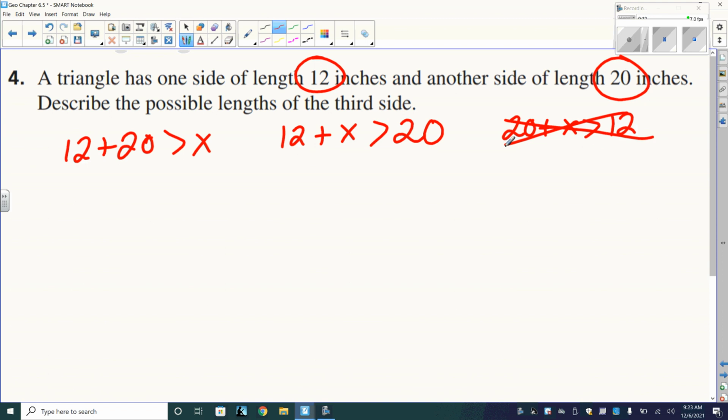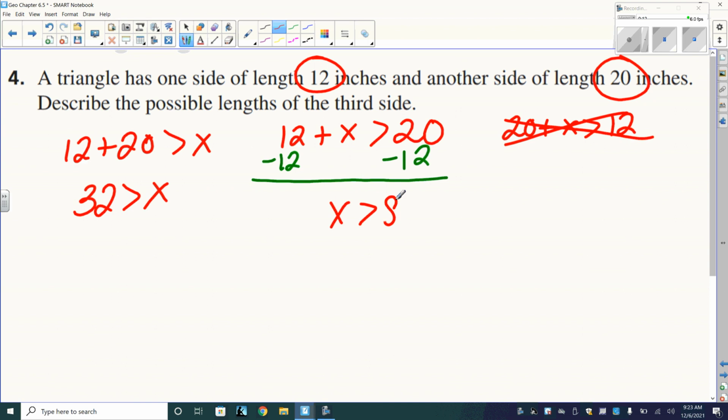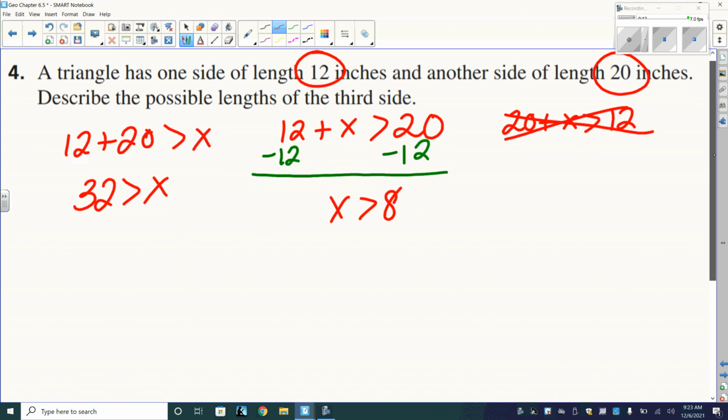Well, here, 12 plus 20 is 32, so 32 is greater than x. But the middle one here, we'll need to solve for x by subtracting 12 from both sides. x has to be greater than 8.